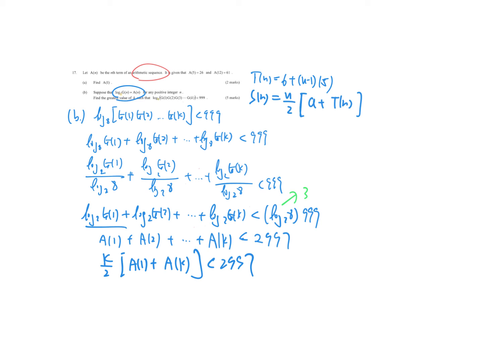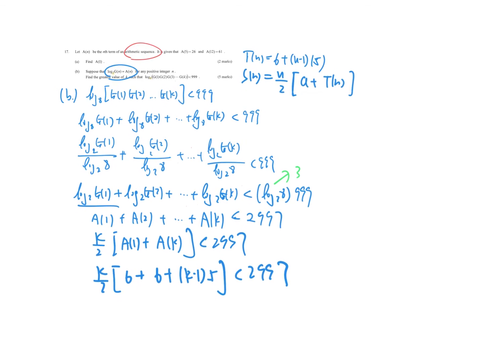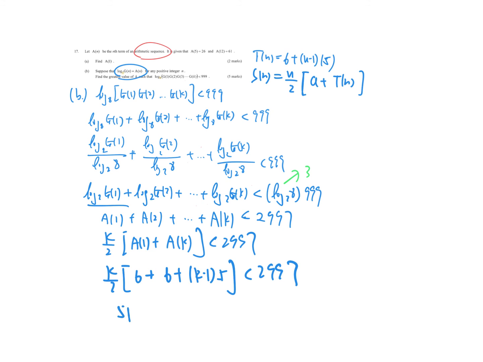If we use the result that a1 is 6 and the general form, after we expand this, we can generate a quadratic inequality. Then to solve the quadratic inequality, we can use the formula to find two values.